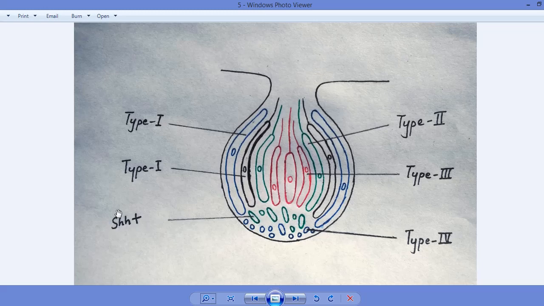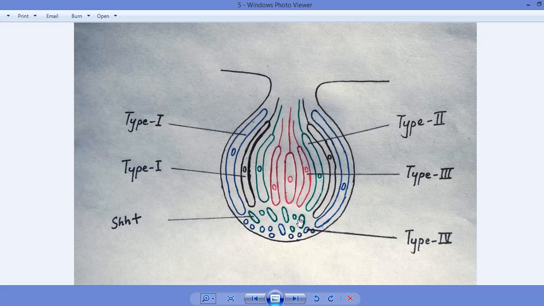This is called the Hedgehog signaling cell because this cell contains a large number of hedgehog signaling proteins, and hedgehog signaling proteins are only present in those cells which undergo differentiation. So the hedgehog signaling is only the speciality of differentiable cells.